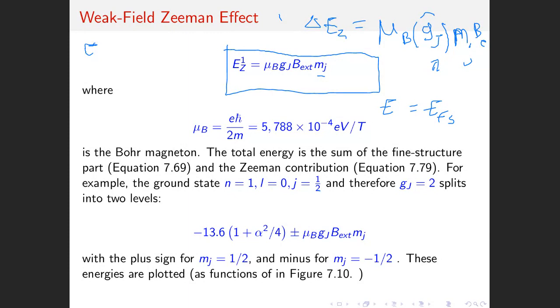It was this factor, right? You will have an alpha squared over 2n squared, times 3 minus n over j plus a half. So the total energy will be due to the fine structure energy, which is given by this expression. For j equals a half, this gives you 1.